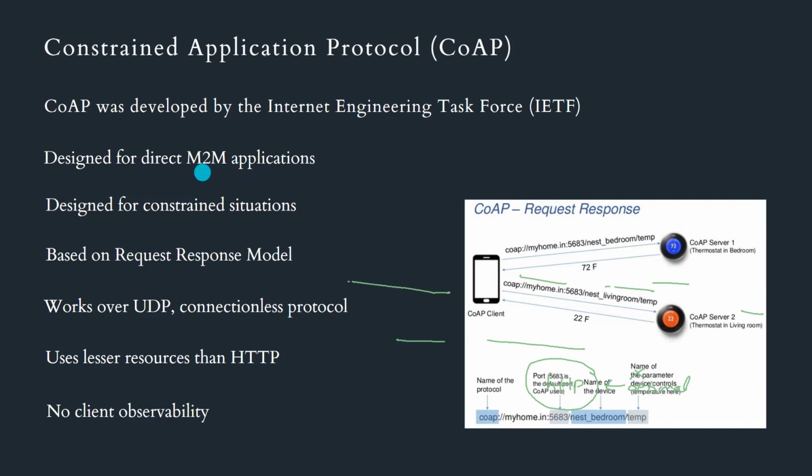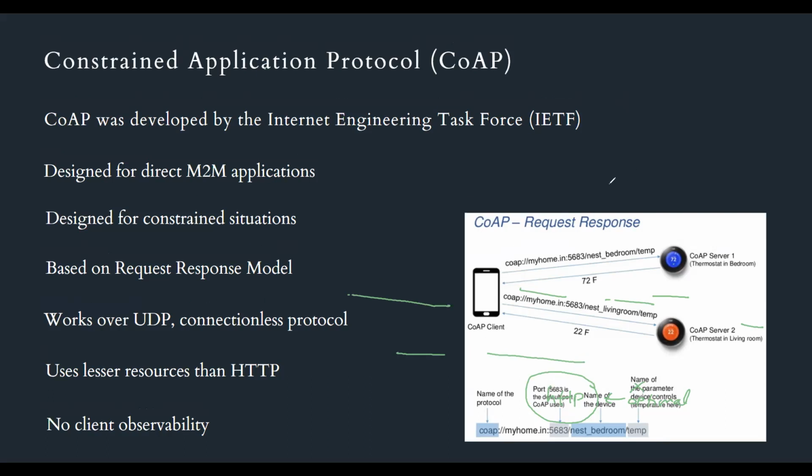It is designed for accessing websites and other URLs, and it is specially designed for constrained situations, and that is why it is useful for IoT applications, right? CoAP has fewer layers when compared to HTTP, and that is why it is more suitable for IoT applications due to its simplicity.